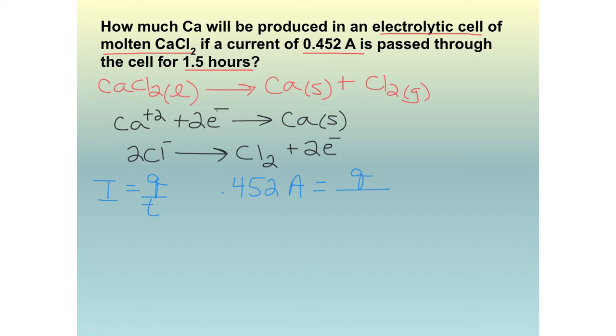All right, that would give us 5,400 seconds. So now we do our math, and that would give me 2,440.8. And that is going to be coulombs.